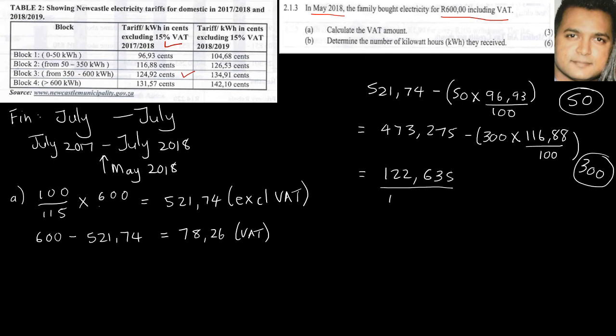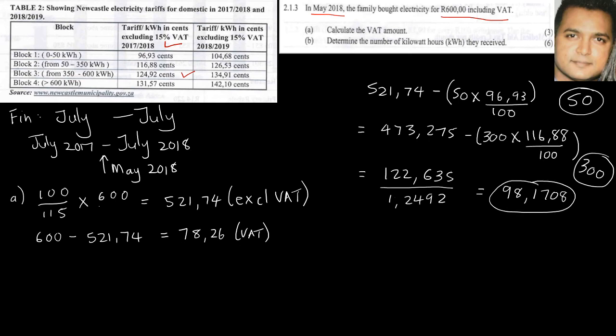So I'll take 122,635 divided by 1,2492. Why did I make it 1,24? Because I divided it by 100, since I converted it to rands and cents. The amount I'll get there is 98,1708.